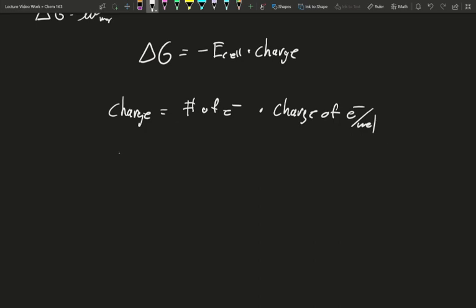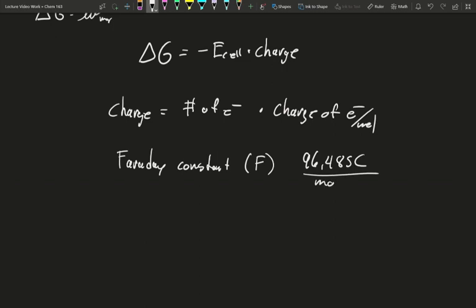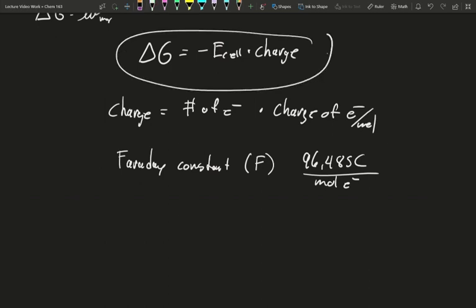We actually have this value, Faraday's constant, which is 96,485 coulombs per mole of electrons. That is how much charge a mole of electrons has. So we have a charge for a mole of electrons. Multiply that by the actual moles of electrons used, you'll find your actual charge. You'll be able to relate it back through our voltage to our free energy.